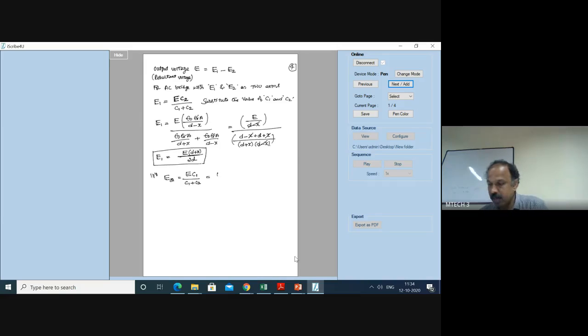Okay. So E into C1 is epsilon naught epsilon r A divided by D plus X, divided by epsilon naught epsilon r A divided by D plus X plus epsilon naught epsilon r A divided by D minus X. So the constant epsilon naught epsilon r A, I have taken it off. So it becomes E divided by D plus X. In the denominator, if you take LCM, D plus X into D minus X. So D plus X will go away.